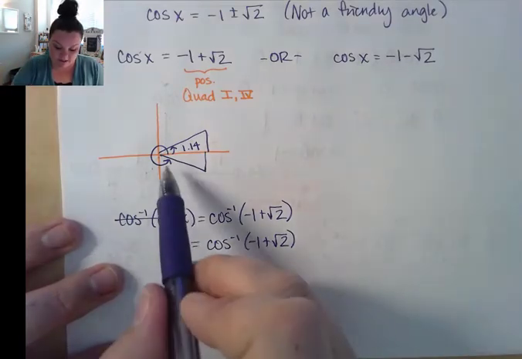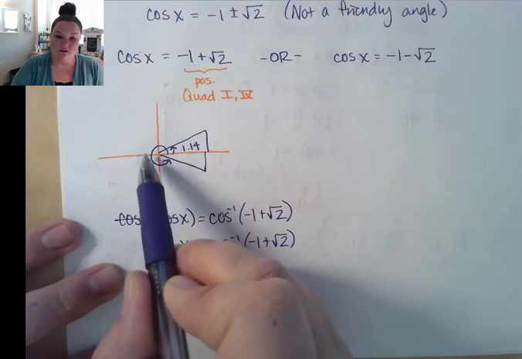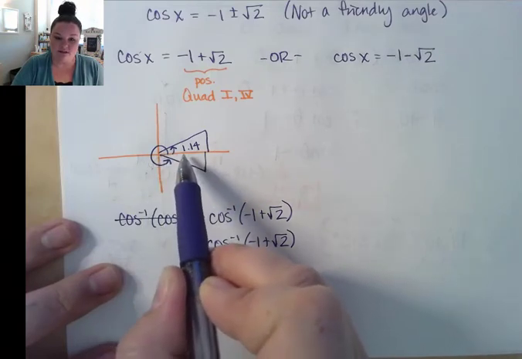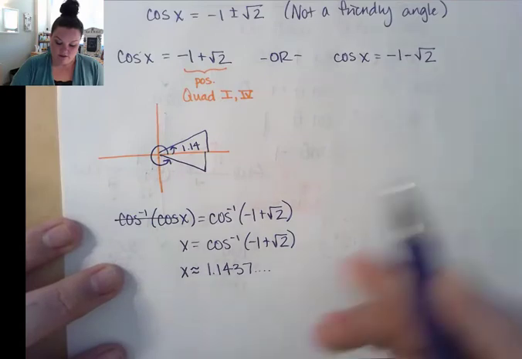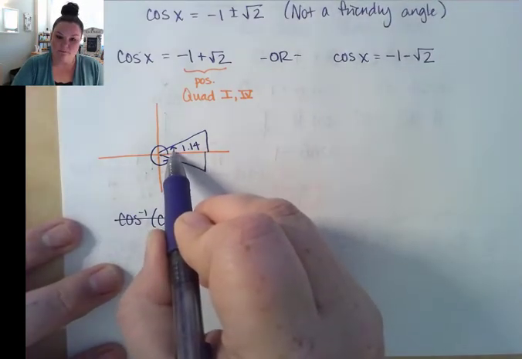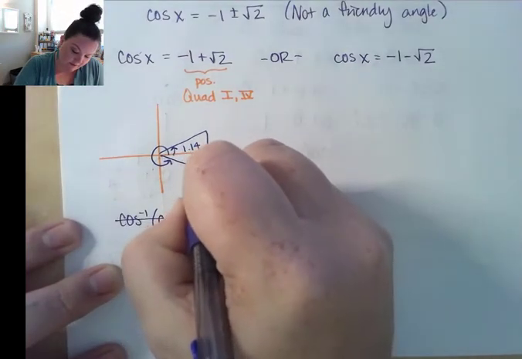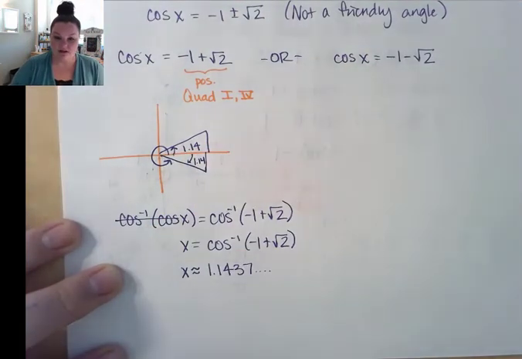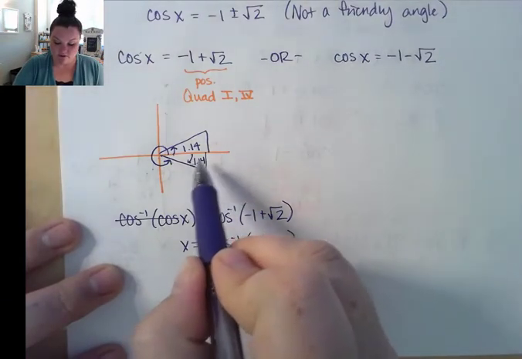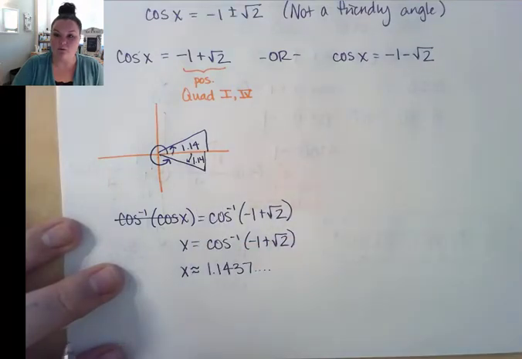Now we need to figure out what this other angle is, the one that goes all the way around and ends up this short. I know this distance from here to here is 1.14, so I can find this other angle by taking my full rotation and subtracting 1.14.